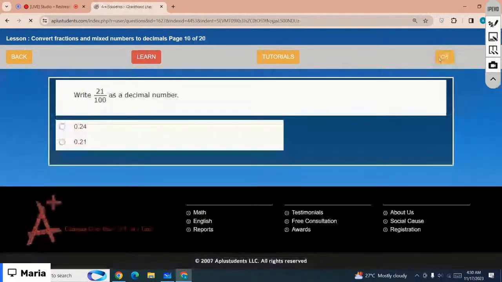Okay, write 21 over 100 as a decimal number. So which is the correct option?